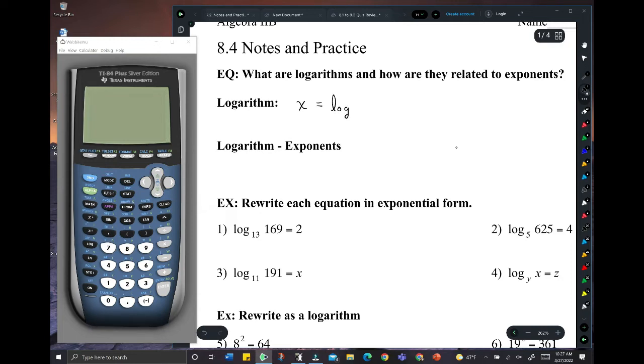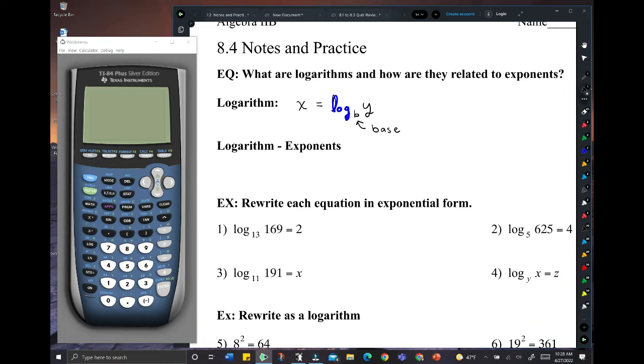x is equal to the log base b of y, okay? That is what's going on here. We have some number x is equal to log. We refer to this number here as the base of the logarithm. Literally, these letters, log, are represented.